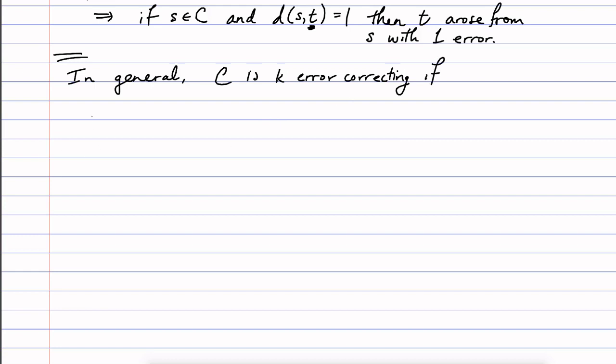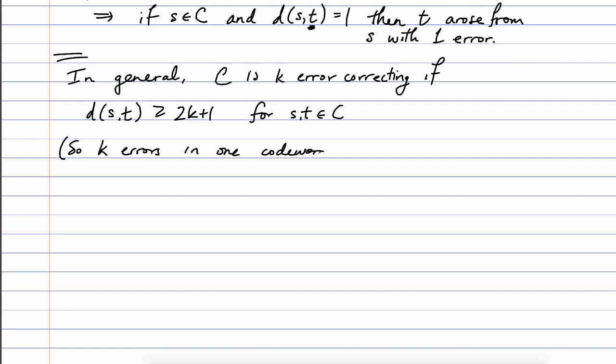If the distance is always bigger than or equal to 2k plus 1 for every pair of elements s, t in C. And so the way that you should be thinking of this is, k errors in one code word can be fixed. So it is fixable. All right, let's do an example of a famous error correcting code.